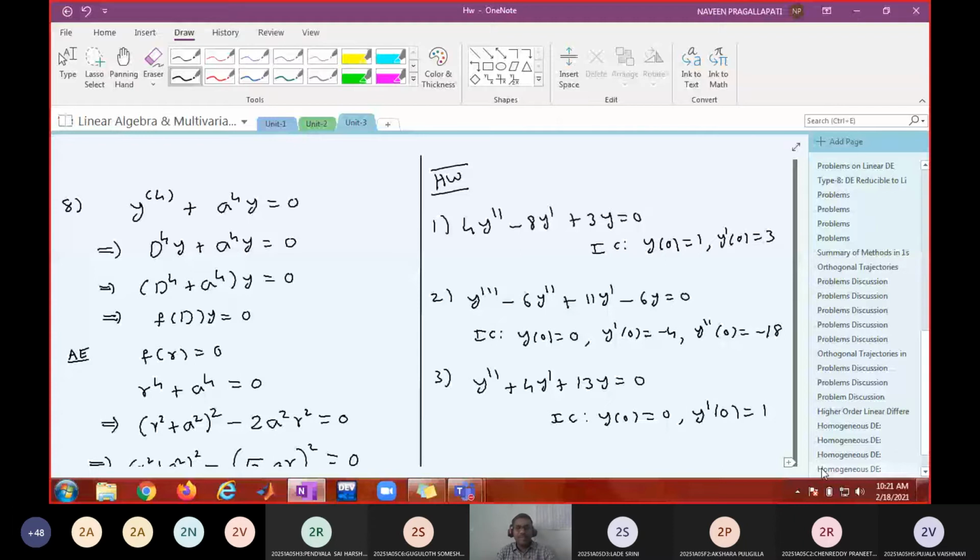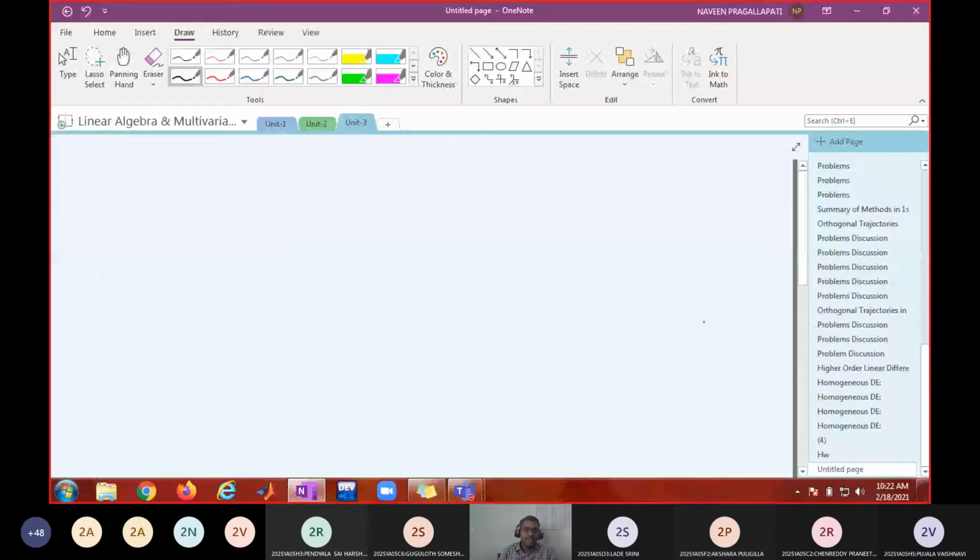Homogeneous differential equations is over. Now the next part of the discussion is going to be on non-homogeneous differential equations. All of you put this heading, non-homogeneous D.